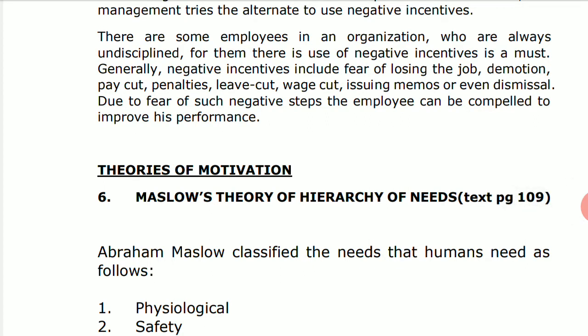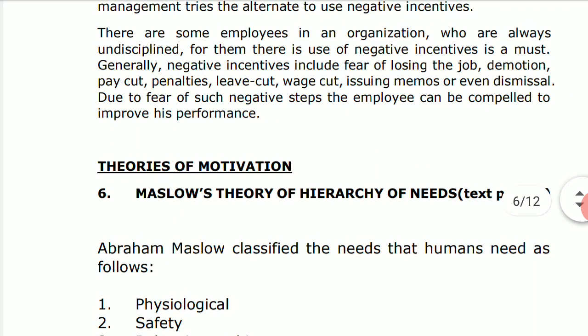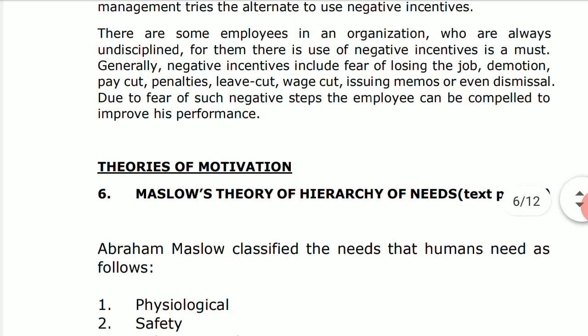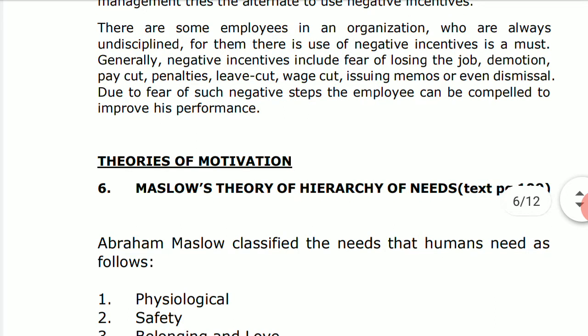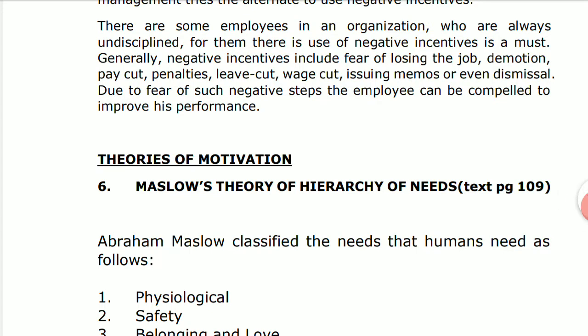Now due to the fear of such negative steps, the employees can be compelled, those people can be forced to improve their performance. Thus due to fear of such negative steps, the employees can be compelled to improve their performance. This is what is known as the negative motivation.